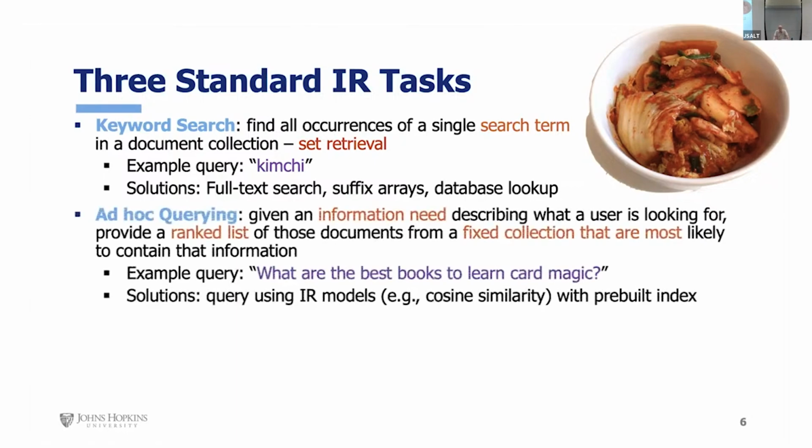The second one is what we call ad hoc querying. Given some information need that a person puts in, produce a ranked list of the documents in the order that the system thinks they're relevant. For that, we've used statistical systems until very recently.